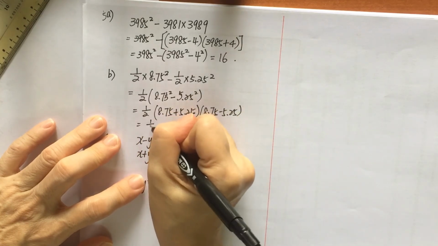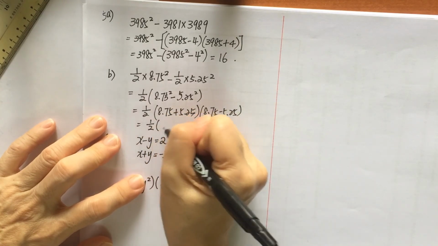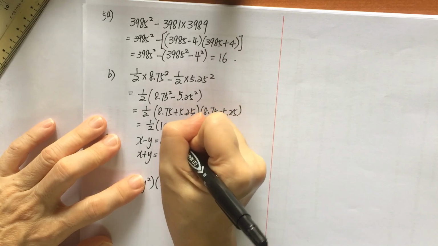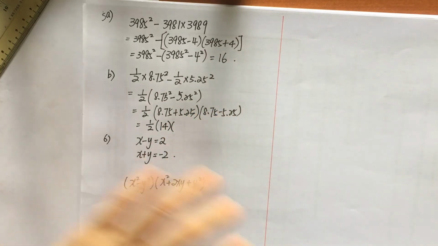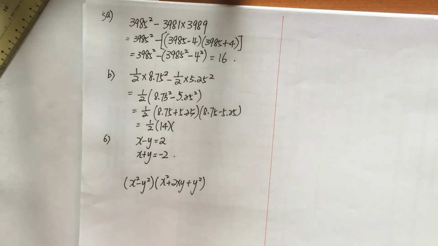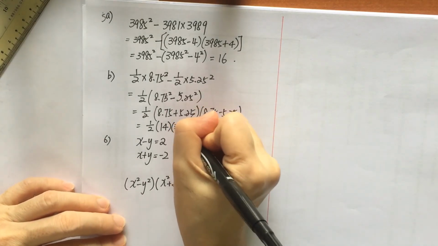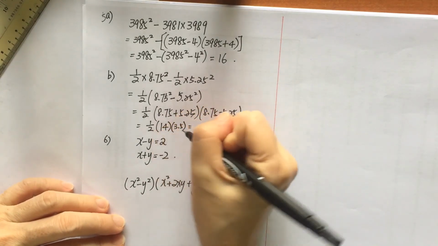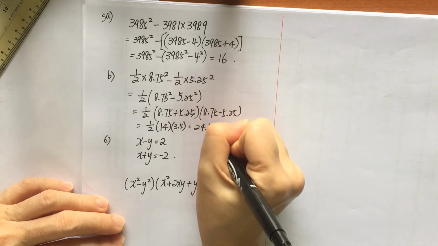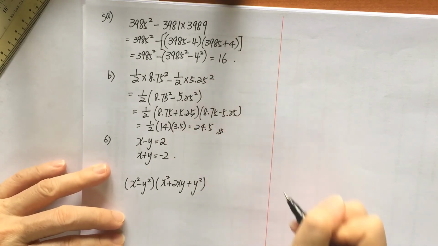So this is half of this one, multiplied together I get 14, and this one subtract, I'll get 3.5. Okay, so 3.5. So now I have 7 times 3.5, so I have 24.5 as my answer.